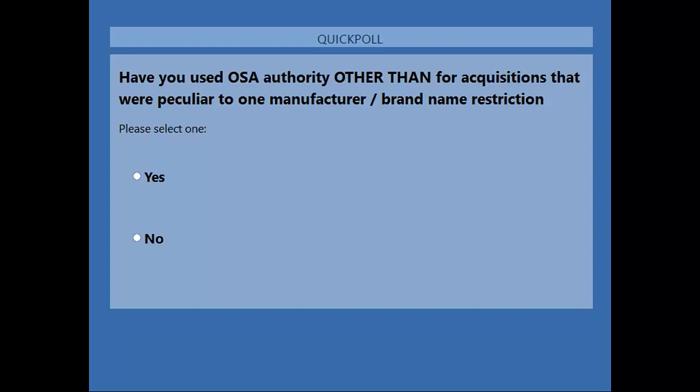The only one that I'm aware of is FAR 6.302-1(c)(1)(i), where there was a requirement for a brand name. I think I've heard it in relation to a radio, if I'm not mistaken, over at Veterans Affairs or one of those areas, they had a certain radio communication by a brand and they wanted to keep it to that radio maker.